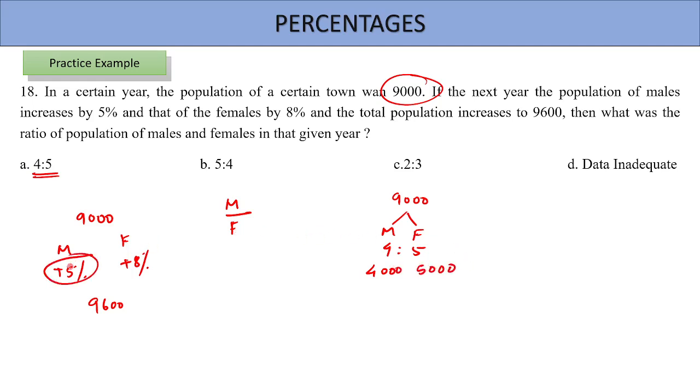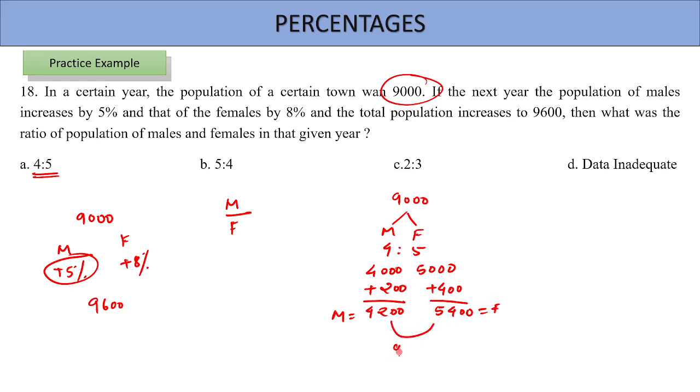Now we know that male is increasing by 5%, which is nothing but an addition of 200. So the new count of male will be 4200, and my female is increasing by 8%, which is nothing but an addition of 400. So my new count of female will be 5400.